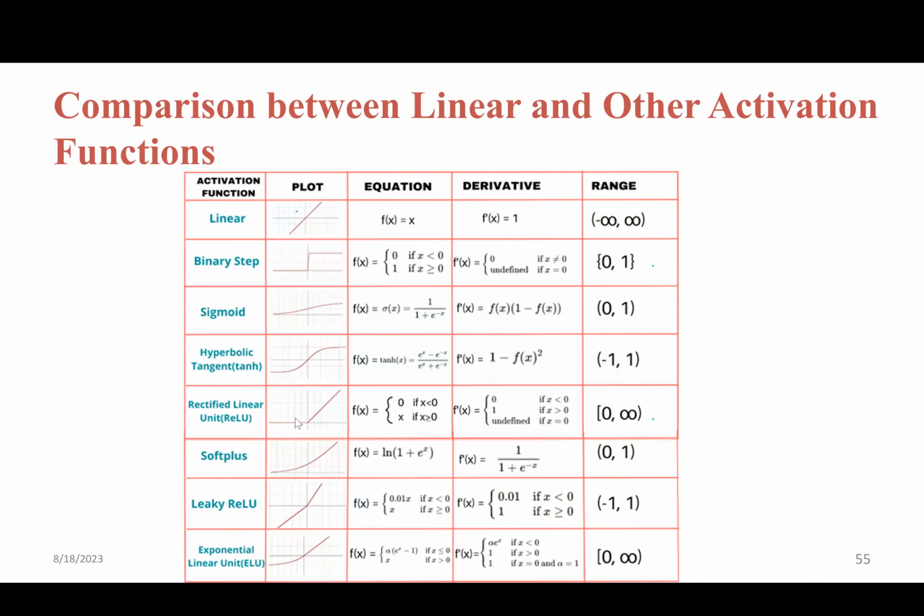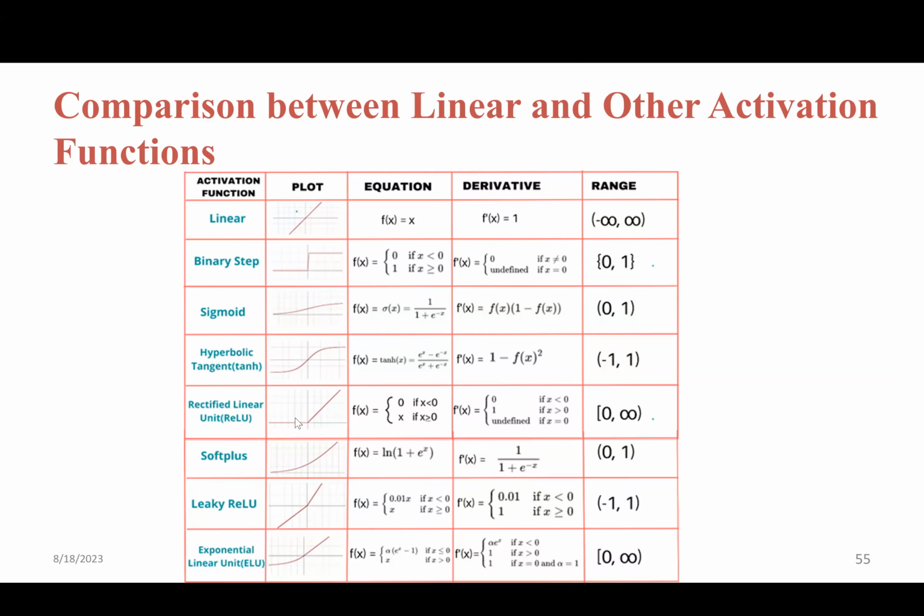It measures the model's performance. If the difference is large, then the model is not performing well. If the difference is small, the model is performing well. So it guides the optimization process by providing feedback on how well the model fits the data. This is called the loss function.